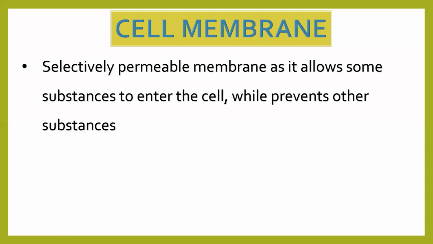Now let's understand what is the meaning of selectively permeable membrane. I hope most of the students might have traveled through metro trains or must have at least entered the malls, right? Now when you go to malls, are there two different queues for male and female? Correct. You have to follow the rules.